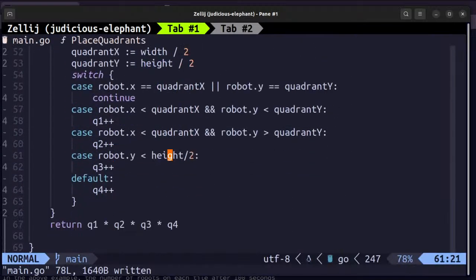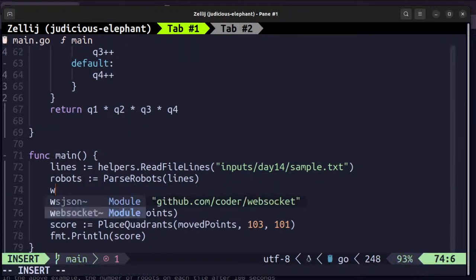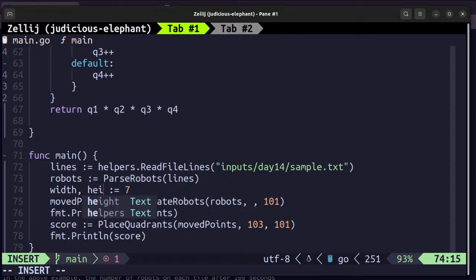Okay, let's call it width as 7, height as 11.